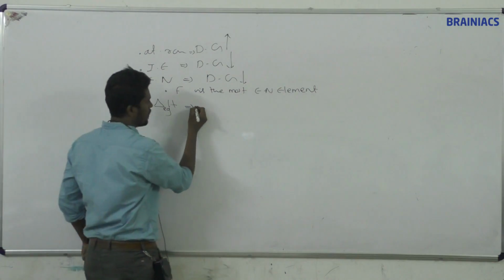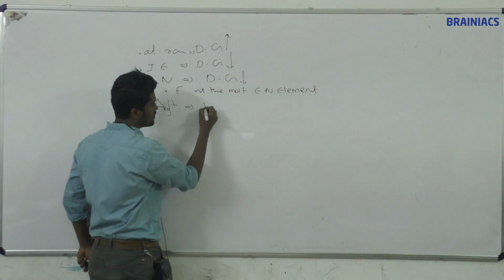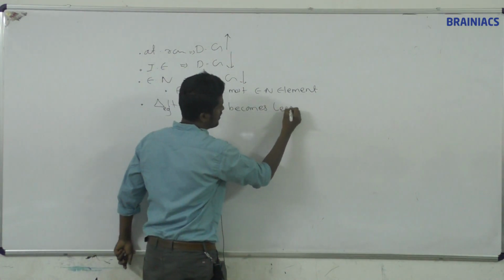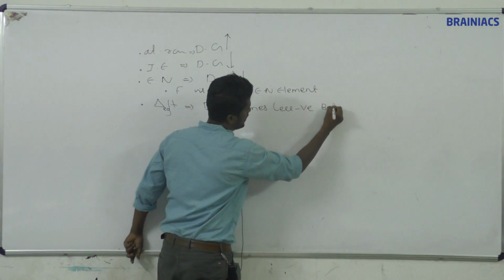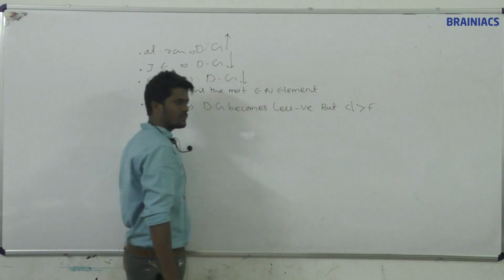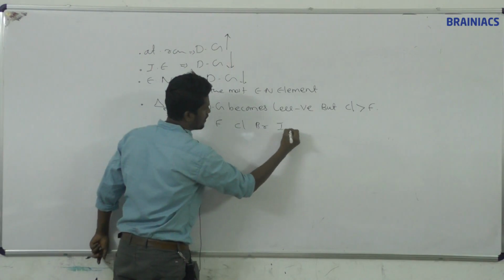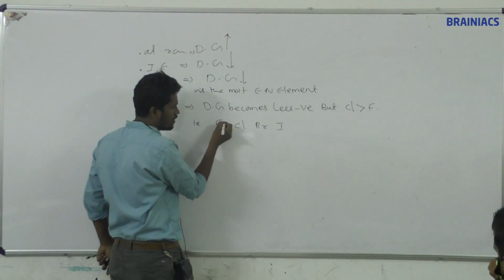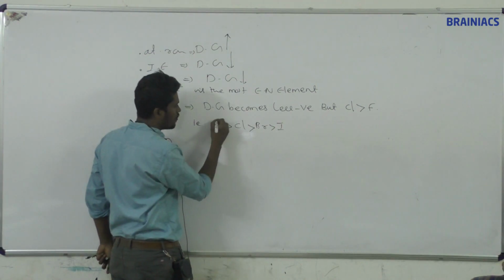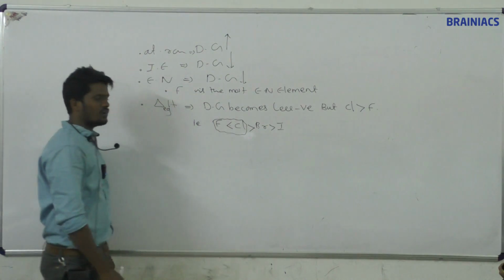What about electron gain enthalpy? Down the group it becomes less negative, but Cl has a greater value than fluorine. So what is the order? Fluorine, chlorine, bromine, iodine normally, but here we have an exceptional nature. Cl has the higher value.